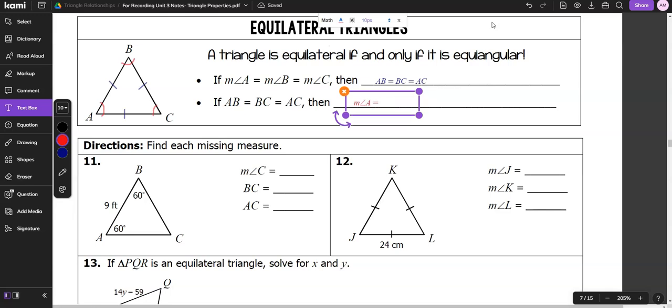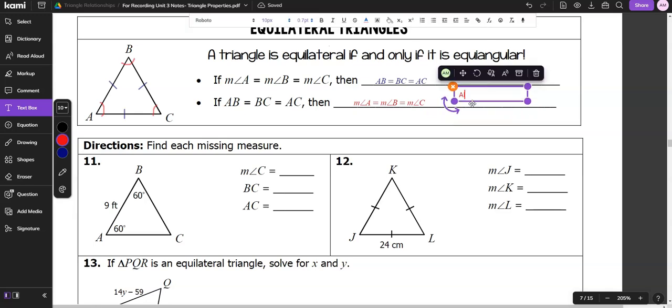So the measure of angle A is equal to the measure of angle B, which is equal to the measure of angle C. When it's equiangular, remember the measure is always 60 degrees.